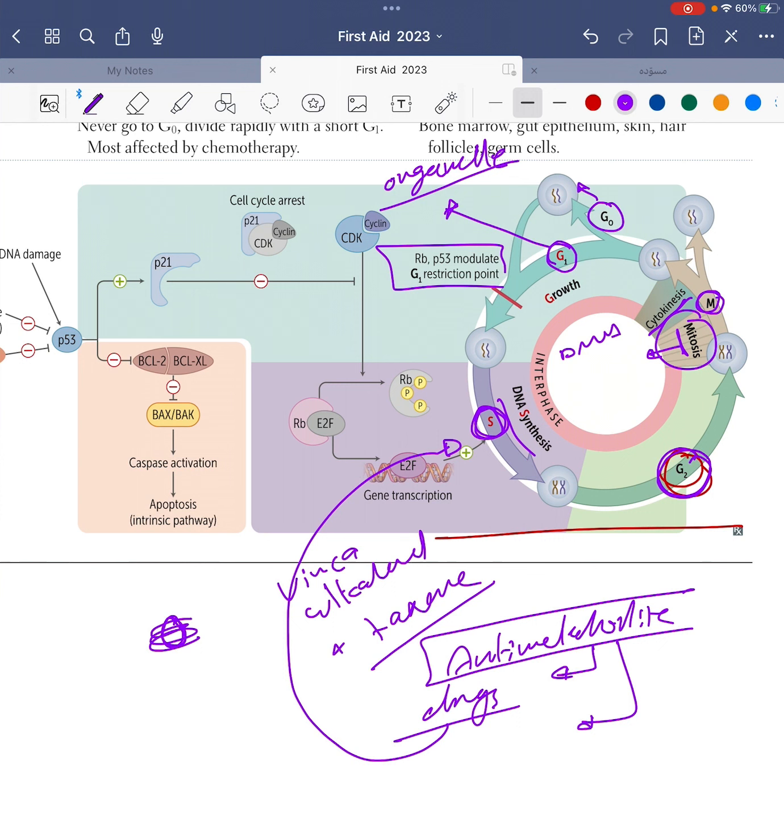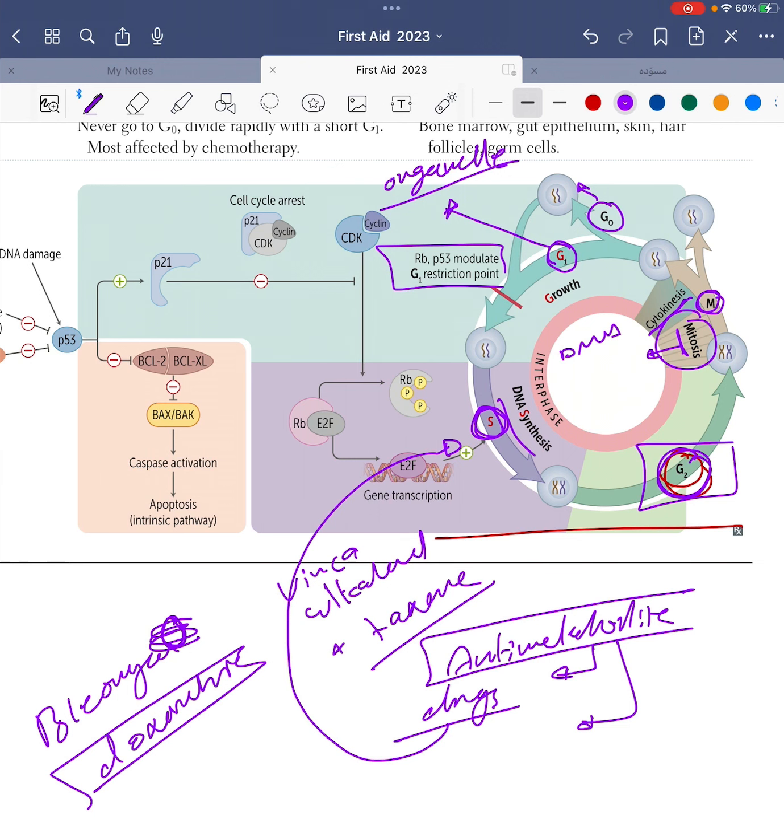It could have some DNA damage repair over here. If you have a problem with the DNA, it could be repaired within the G2 phase, by using the nucleotide excision repair. Some drugs also can work over here, like bleomycin and doxorubicin, which are chemotherapy.